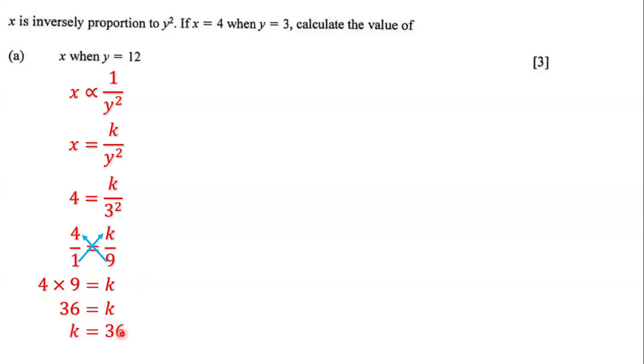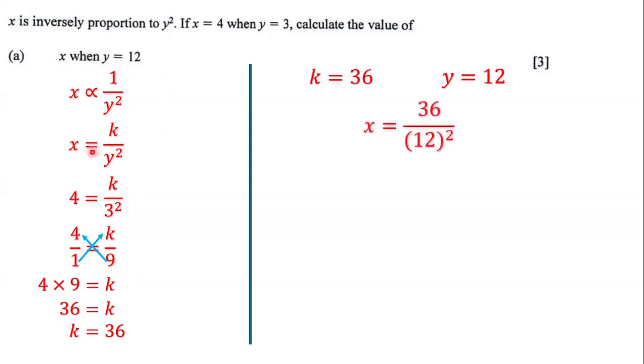Now that we know that k is equal to 36, let's use that understanding to figure out what is the value of x when y is equal to 12. And so we use the same formula. And the formula is that x is equal to k over y squared. All right, so we substitute.